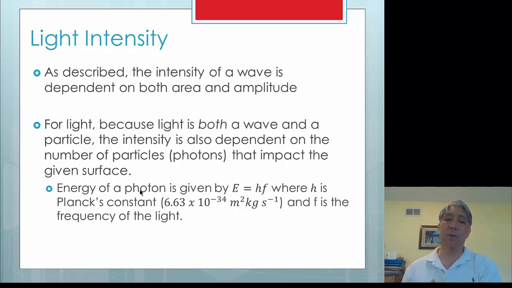And f is the frequency of light. So I can increase my frequency, and that will increase my energy or intensity. I can also increase the number of photons, turn on another light bulb, for instance, and that would also increase my intensity.